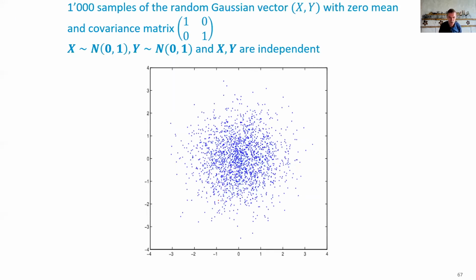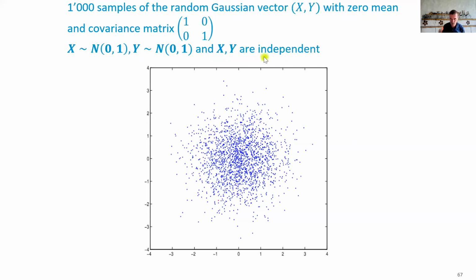This is, for example, a sample of 100 points from exactly what I said, the Gaussian vector (x, y) with 0 mean and covariance matrix [[1, 0], [0, 1]], which in the specific case of Gaussian, this is exactly saying the same as x and y are Gaussian distributed and are independent. Independence here is because the cross covariance terms are 0 here.